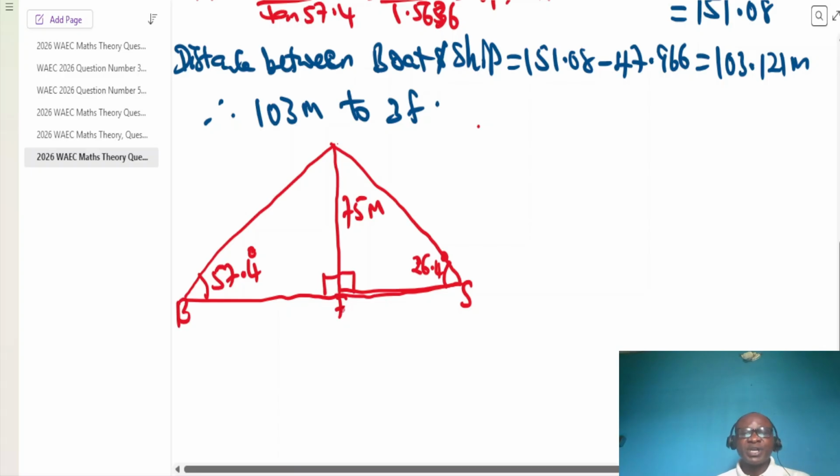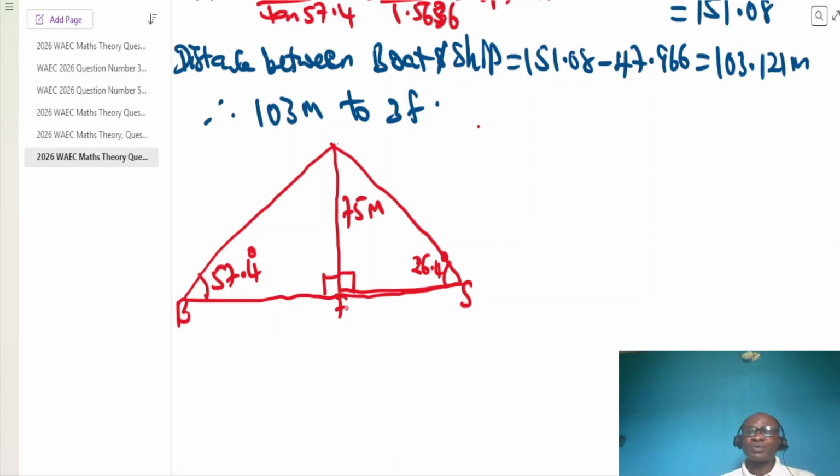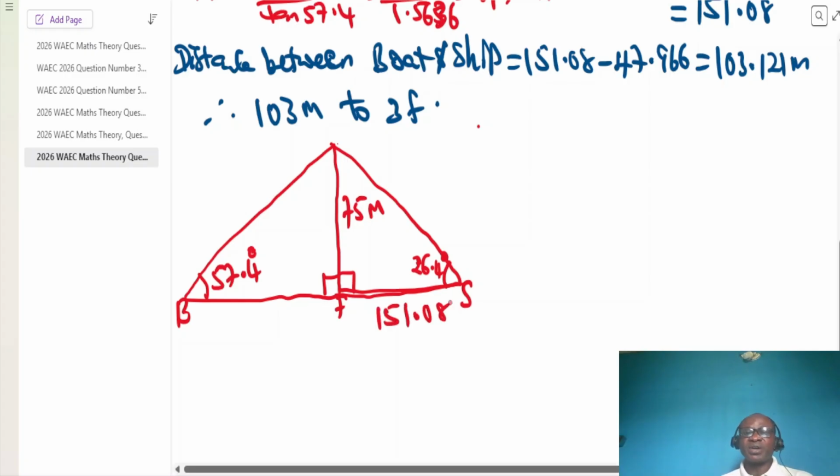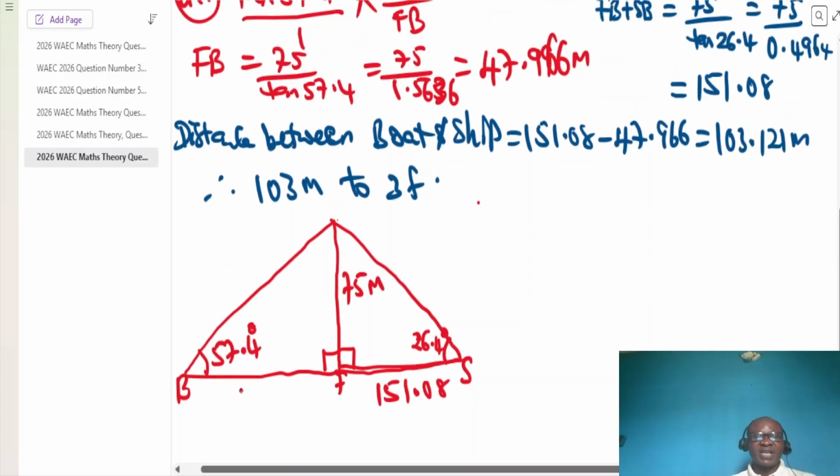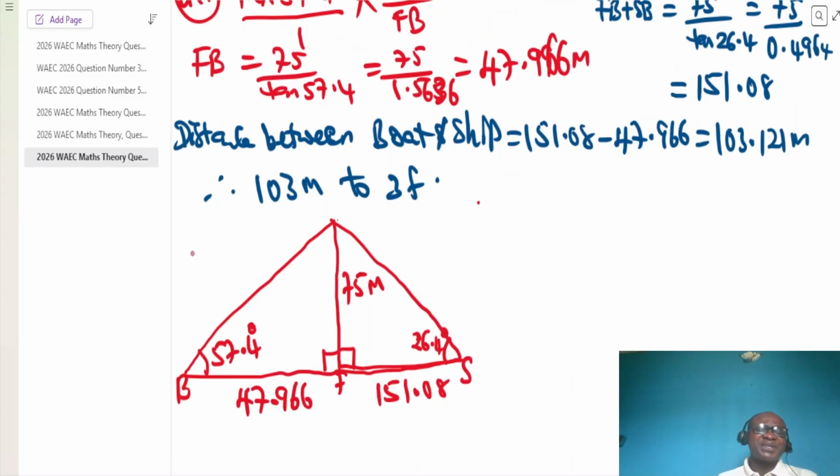The distance between the ship and the boat is 151.08. While the distance between the boat and the foot of the tower is 47.966.